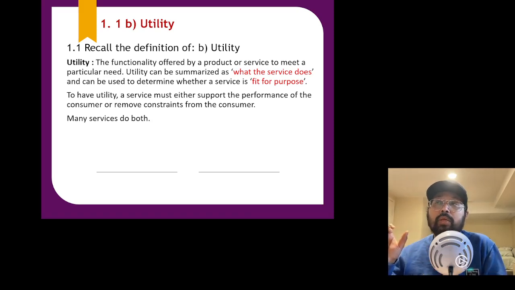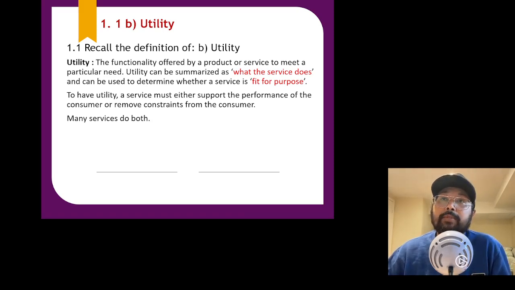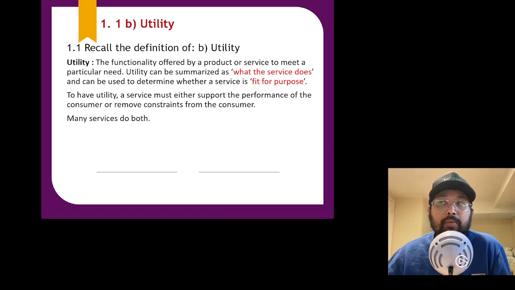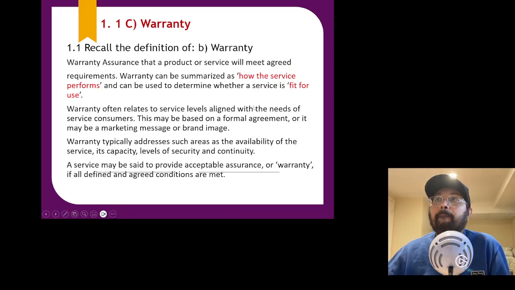So these two keywords are very important. Utility is related with what the service does, and if the service is fit for its purpose. To have utility, a service must either support the performance of the consumer or remove constraints from the consumer. Many services do both, and this is also an important point to be remembered.